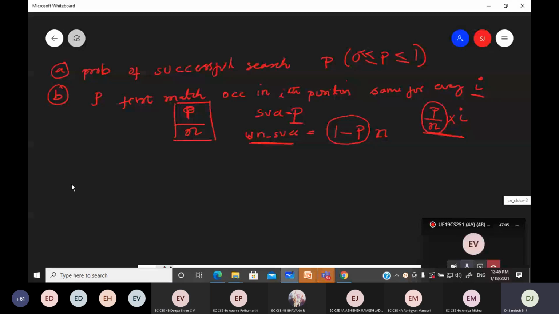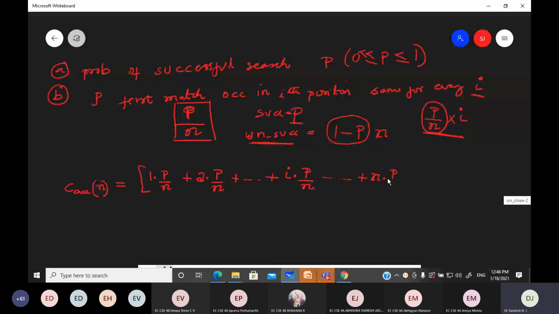So C, the count of the basic operation executed, that is comparison, C average of N will be equal to probability of finding in the first position into probability of successful search, plus probability of finding in the second position into probability of successful search, plus probability of finding it in the ith position into probability of successful search, plus probability of finding that element in the nth position into probability of successful search, which is P by N, plus probability of unsuccessful search into the number of times you are going to do that.